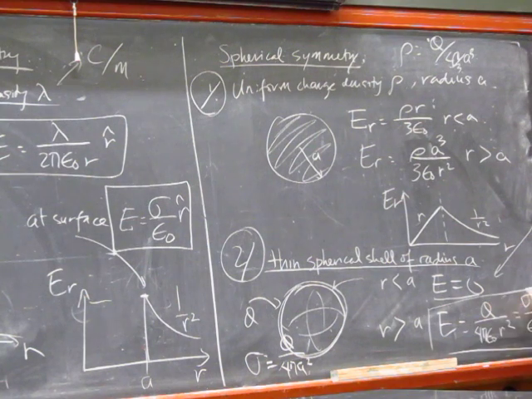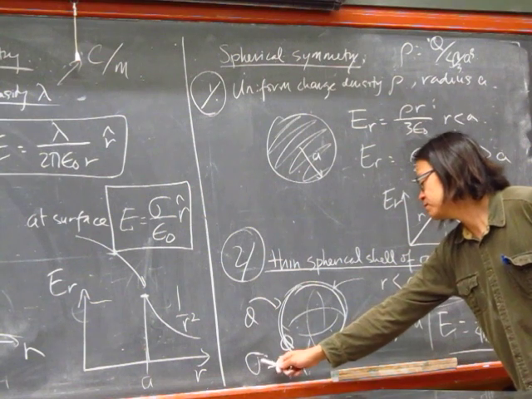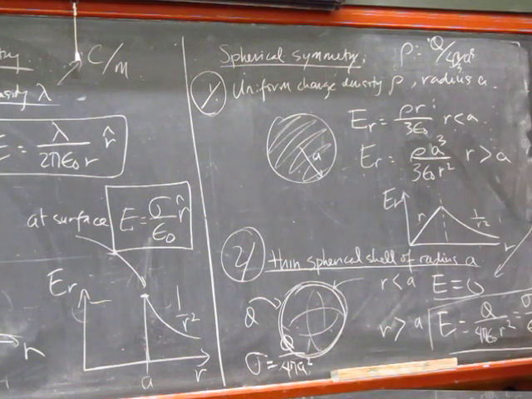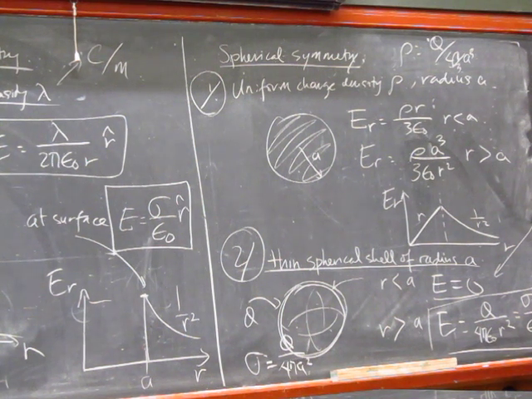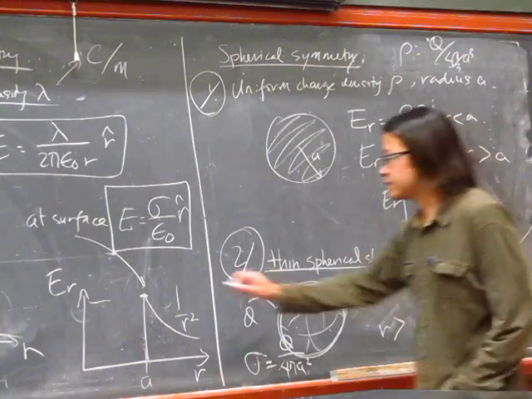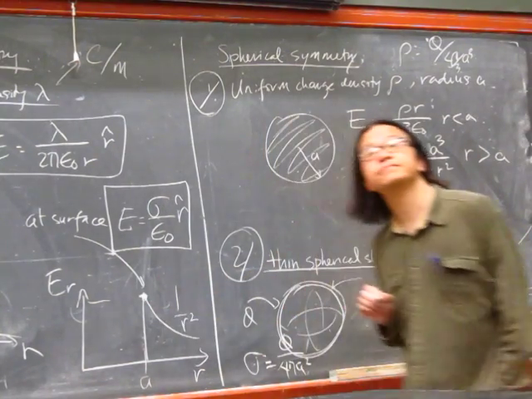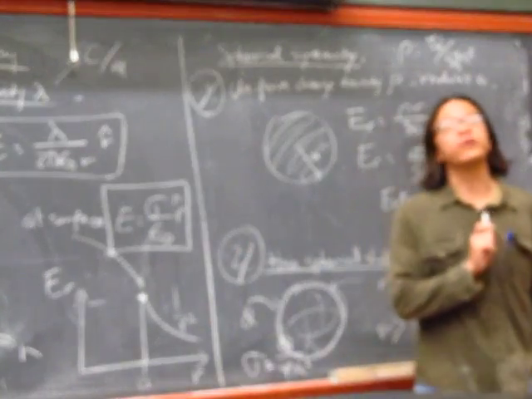If I plug in sigma equal to Q over 4 pi a squared, I get this formula at r equal to a, then the a squared cancels the r squared, and you're left with sigma over epsilon naught. So that's the value of the electric field right over here, and then it just drops as 1 over r squared.